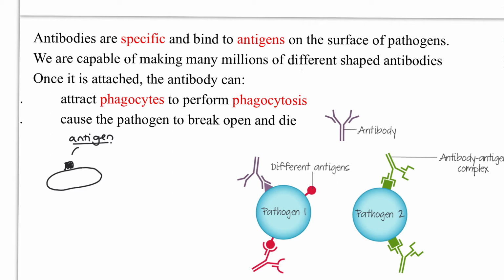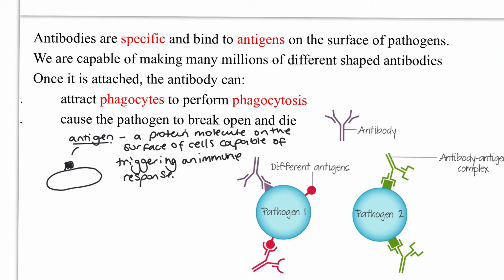So an antigen is a small, usually protein-based molecule that can trigger an immune response in your body. When a pathogen enters your body, when it gets into your bloodstream or your tissue fluid, when it gets beneath your skin, the cells of your immune system are able to recognize that as a foreign antigen, and it triggers an immune response.